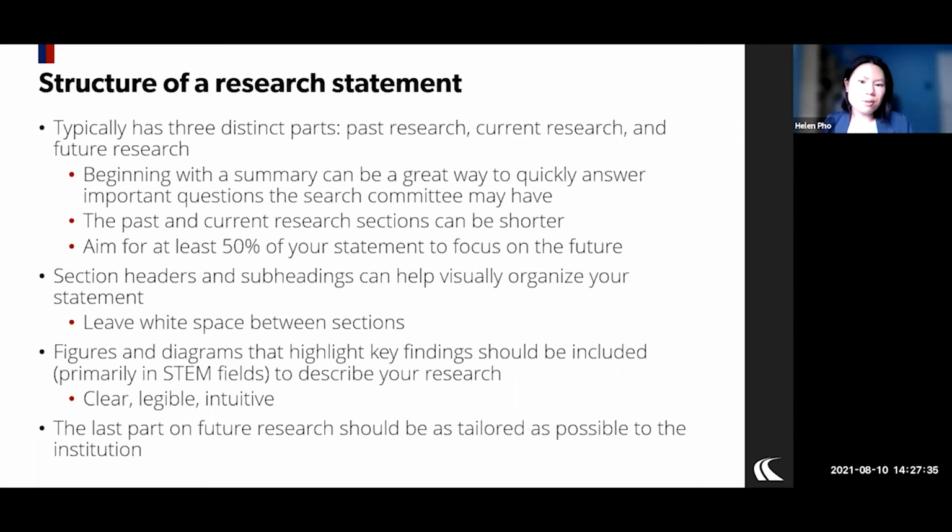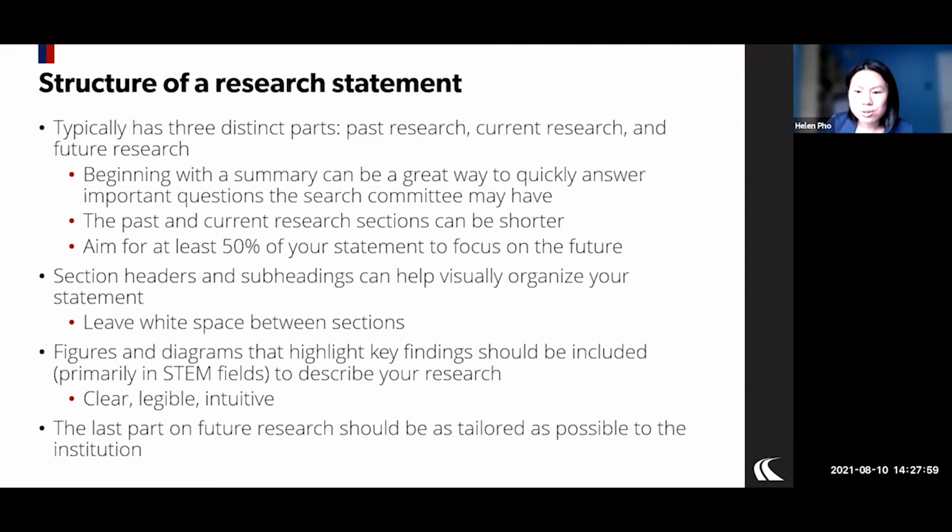The dissertation itself, at many institutions, is going to become the book, and then that second book project is the future research. So dedicating space to talk about that second book project is absolutely important to do for an institution that requires a research statement. Okay.